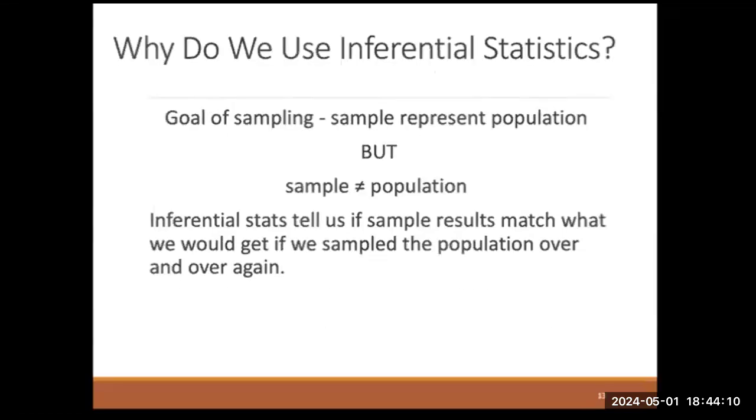When we see 0.05, so a 95% chance that if we sampled the population over and over again, we would get similar results. That's what we're saying when we talk about p-values or confidence intervals. We're talking about our confidence that the results we obtained through the sample will also be found in the general population.